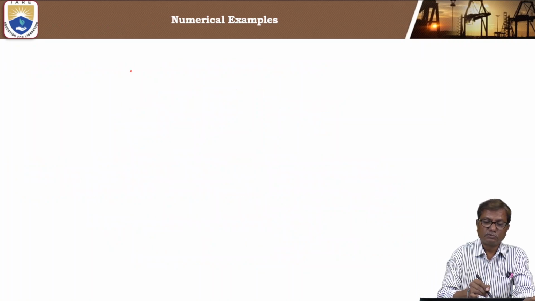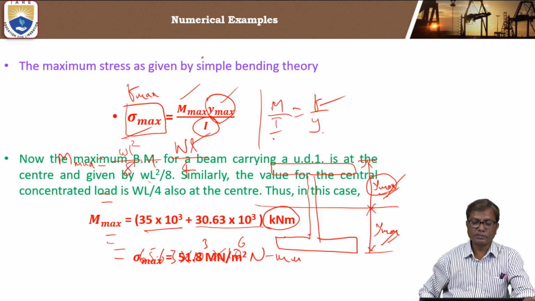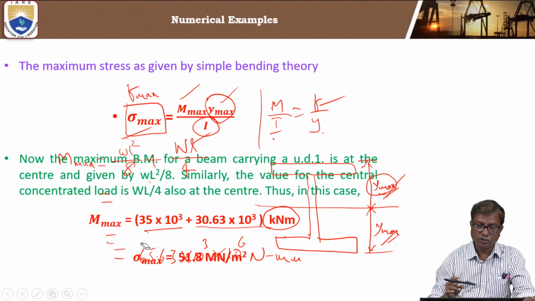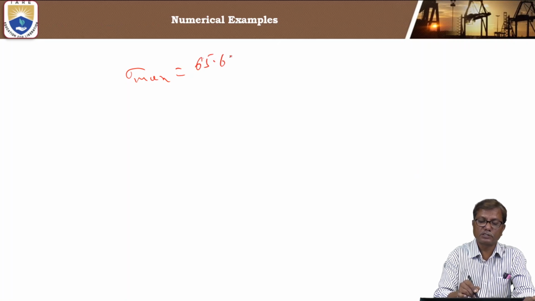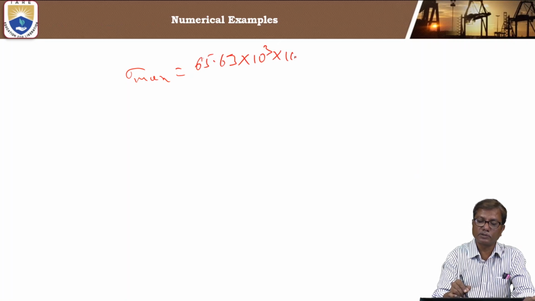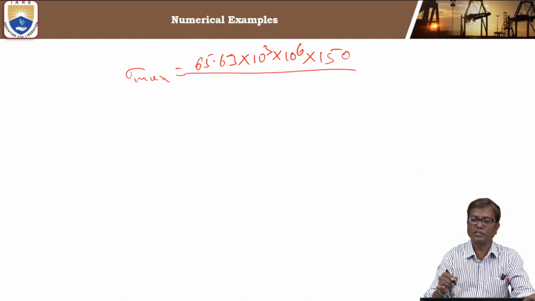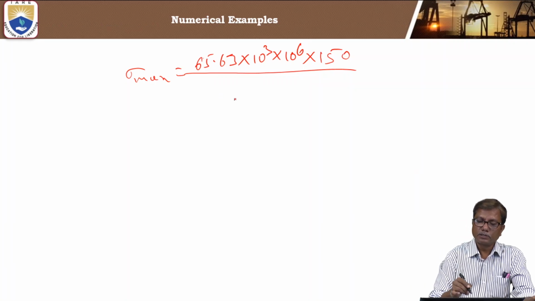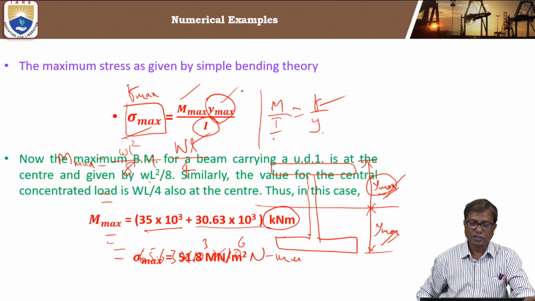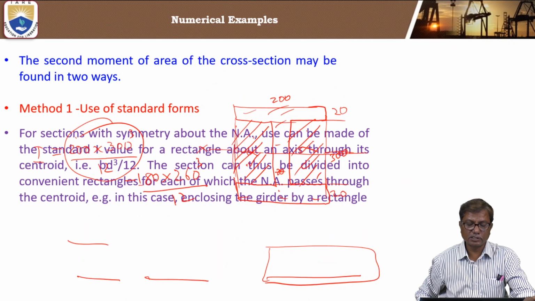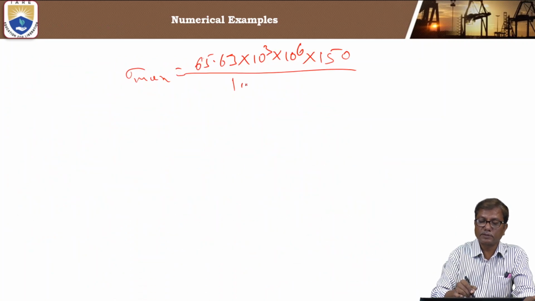Sigma maximum is M maximum, 65.63 into 10 cube into 10 power 6, into Y maximum, which is 150 millimeters, the distance of the extreme fiber from the neutral axis, divided by I. I is 1.86 into 10 power 8.